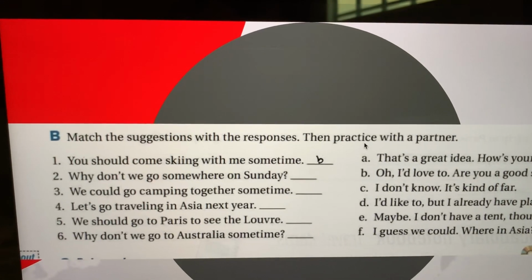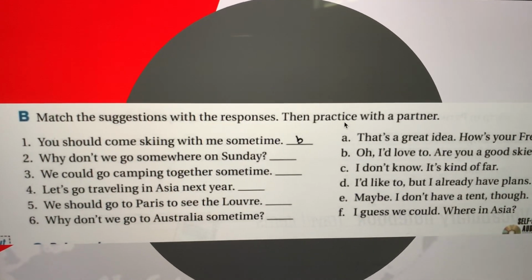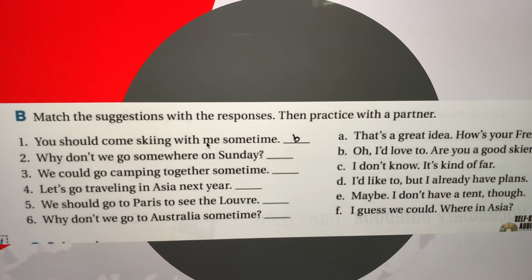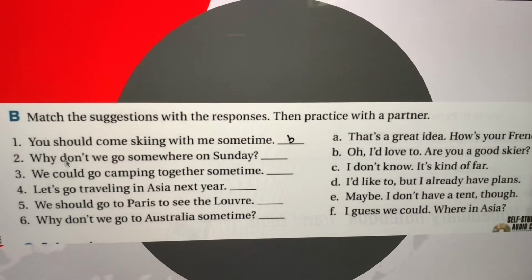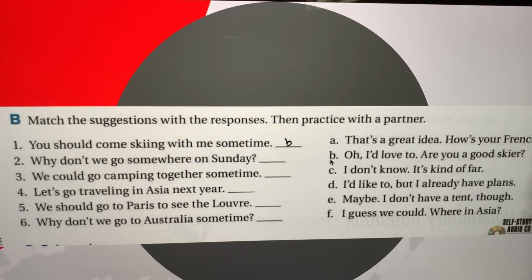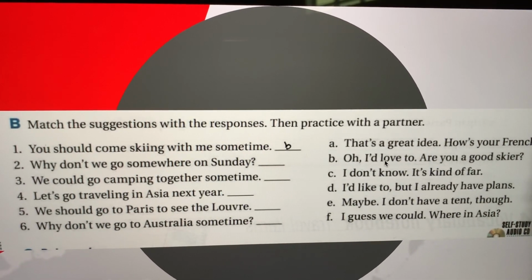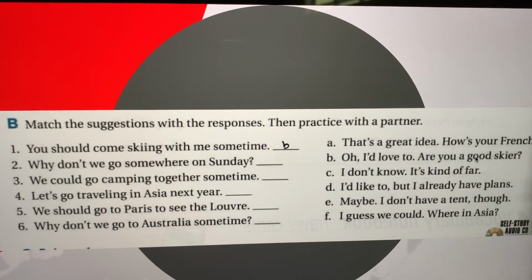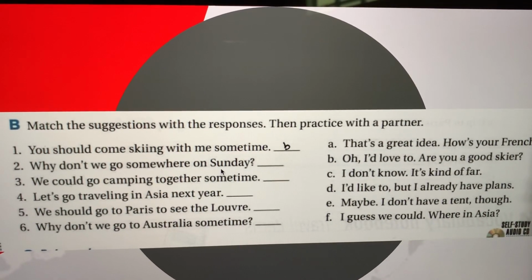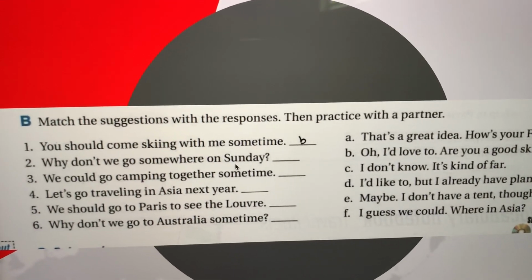The next activity is matching. It's so easy. Here we have suggestions and the responses. Like, you should come skiing with me sometime. The response is, oh, I'd love to. Are you a good skier? 2, why don't we go somewhere on Sunday? Let's see.